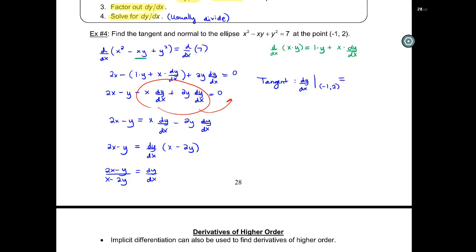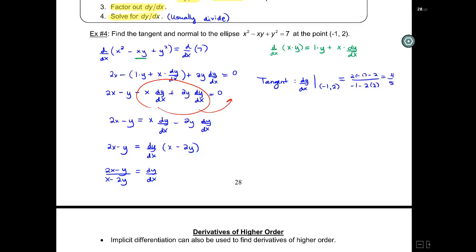So I have 2 times -1 minus 2 over -1 minus 2 times 2. Four-fifths? Yeah, four-fifths?